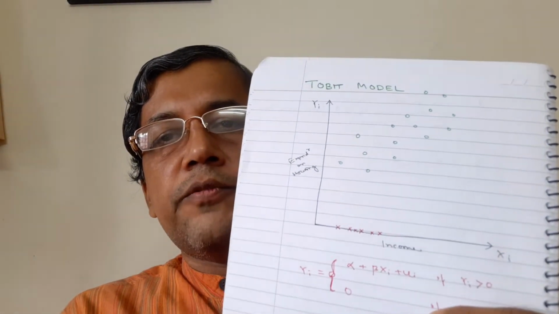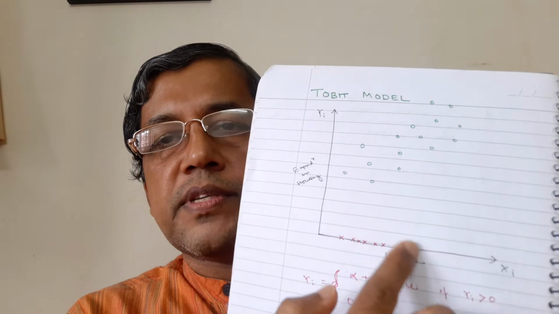If you run the regression ignoring the observations for which the y value is 0, then obviously your expected mean value is non-zero. So one important classical linear regression model assumption is violated. If the expected value of ui is non-zero, then you encounter the problem of bias in your OLS estimator, and your OLS estimator will even be inconsistent, right?